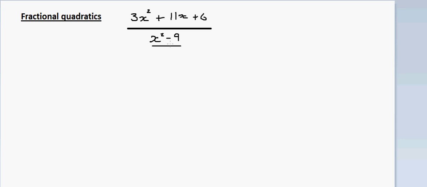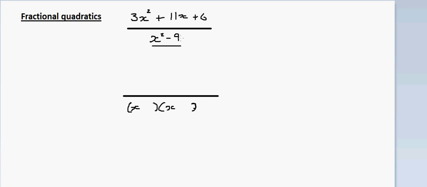Okay, now the difference of two squares is a nice easy factorizing question. So I know that this is going to be two brackets, wobbly bracket, so we have x in one and x in the other, because x times x gives me x squared.